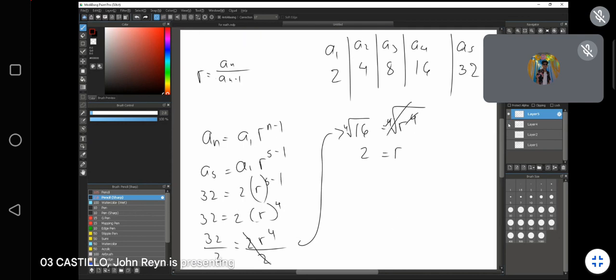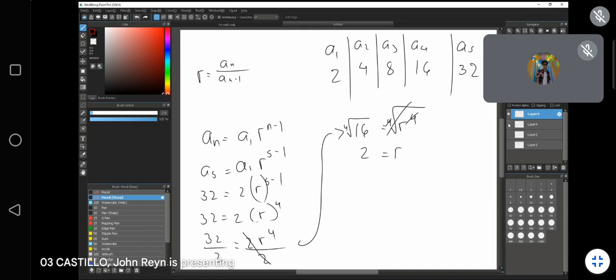Kung napansin nyo, ha? A sub 2, A sub 3, A sub 4. Sa review natin ngayon, bibigay ko yan. Geometric means yan, ha? We call that geometric means class, okay? So in this process, by John Rain, you can actually have the geometric means.